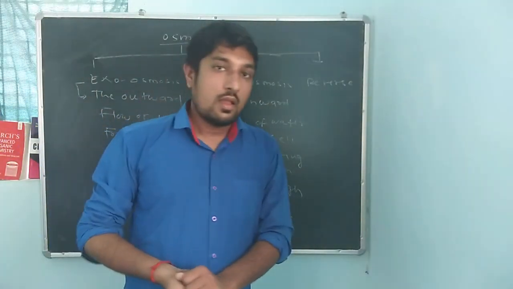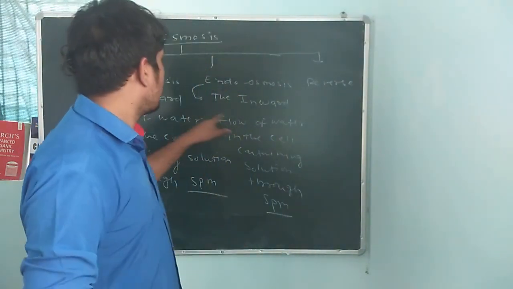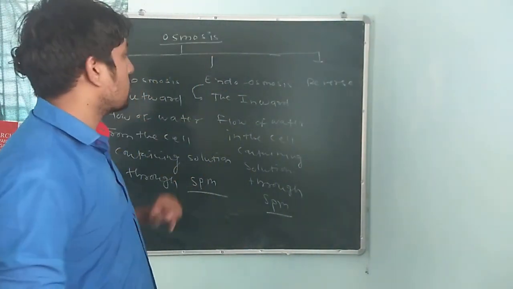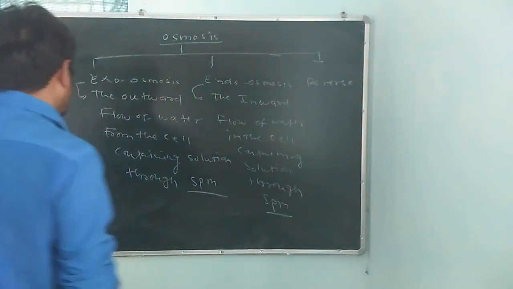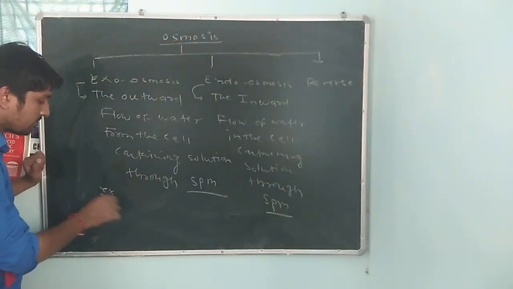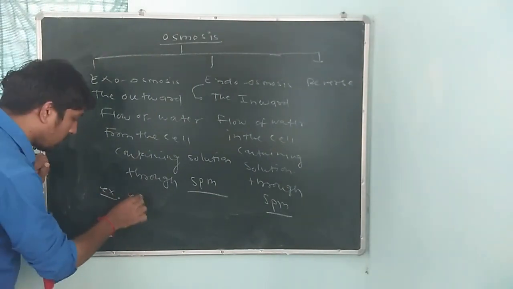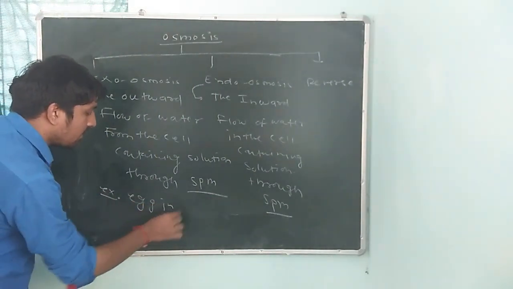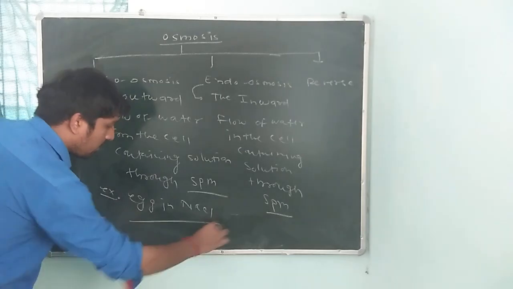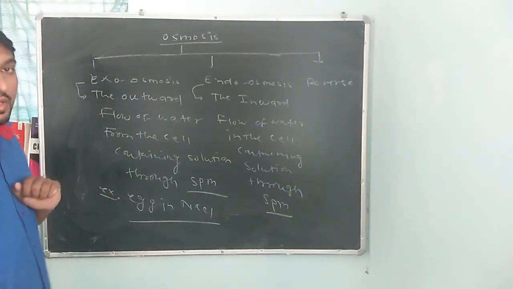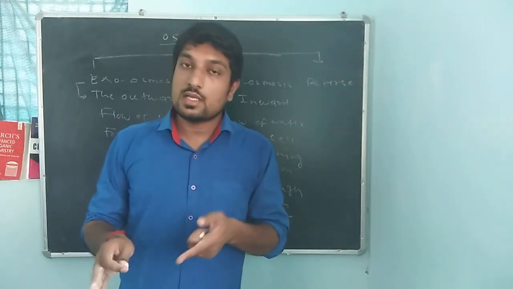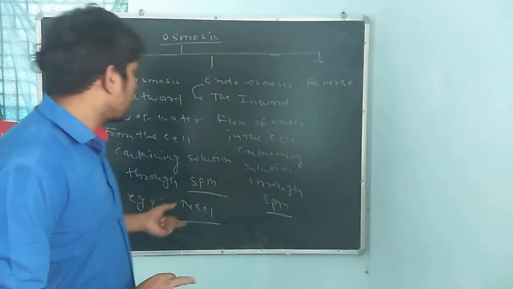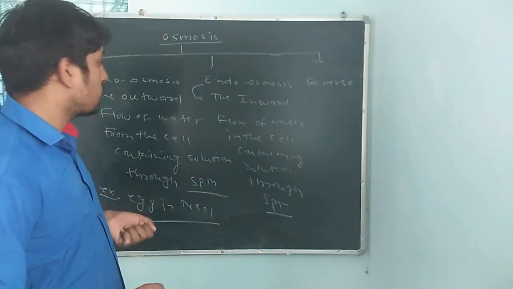And what is the example of both? The example of exoosmosis is an egg in NaCl solution. When you put the egg in NaCl solution, it works like exoosmosis.